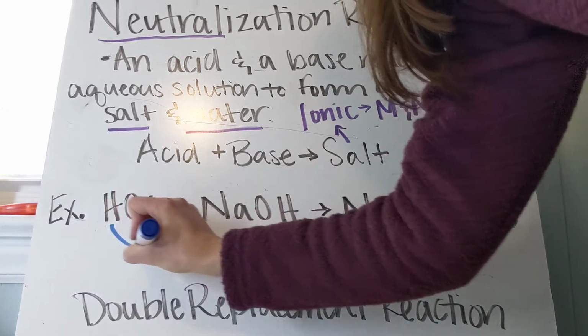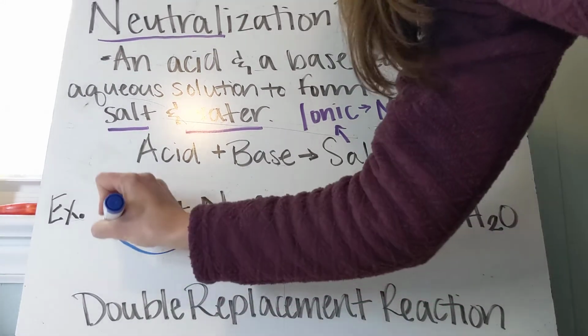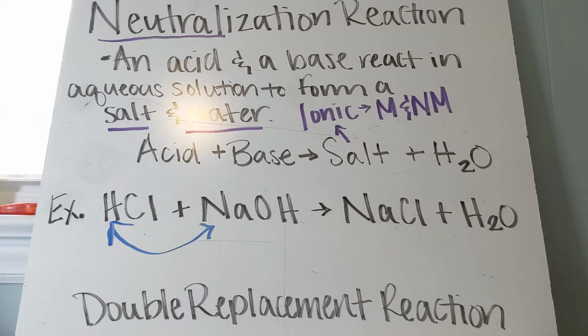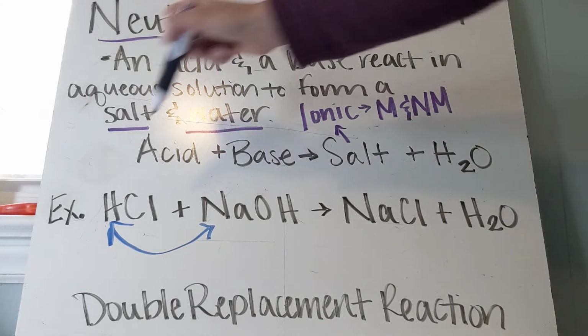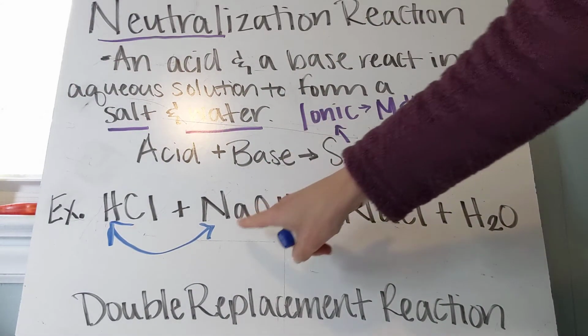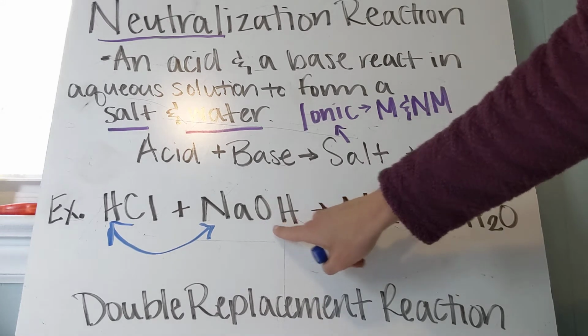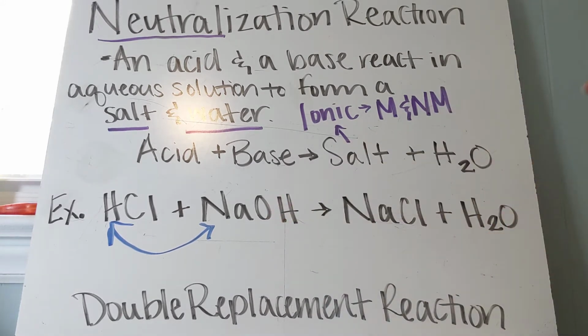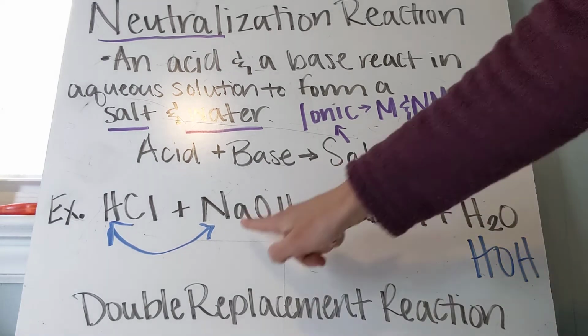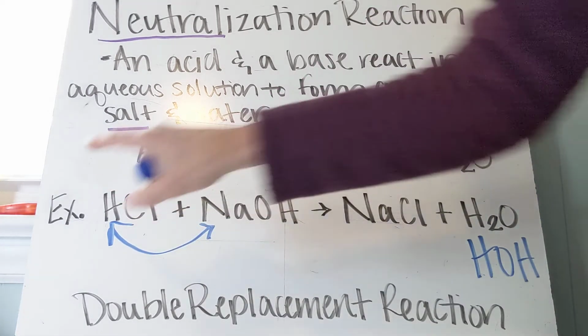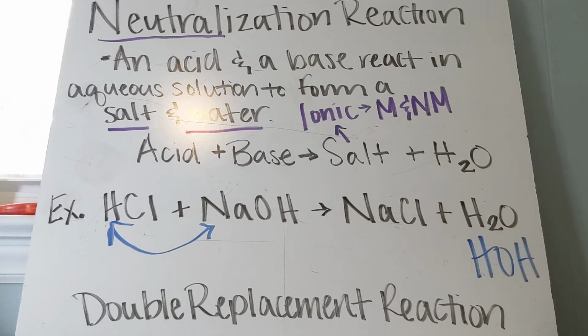So our hydrogen and our sodium are going to switch places. So in this case, the hydrogen is going to now be combined with the hydroxide. So some people, when they actually do their switch, instead of writing water, they actually write HOH, and that's perfectly fine. The sodium is now going to be combined with chlorine.